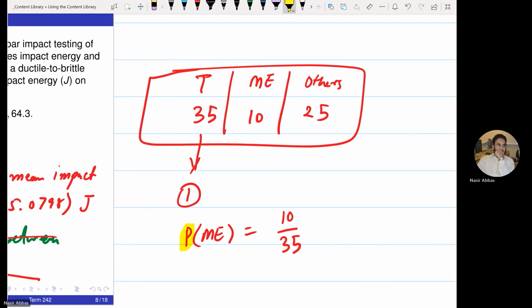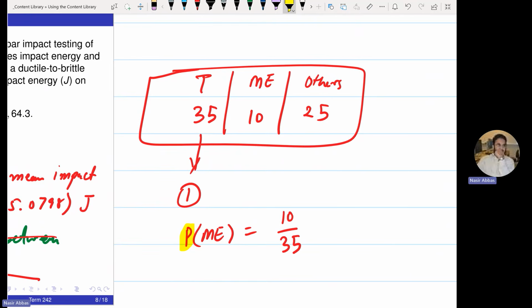Suppose I picked, and that student is Mustafa, already picked. Can I say that the probability that Mustafa is from mechanical engineering is 2/7? Mustafa is either from mechanical engineering or not. I observed it. Now there is no more concept of probability.